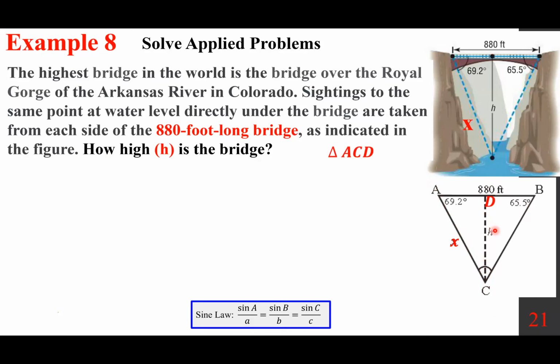So if we call this D, in this triangle ACD, meaning this one, this one, okay.